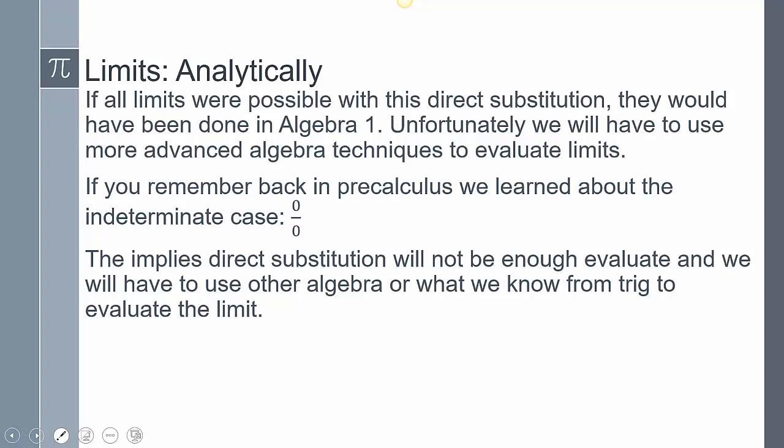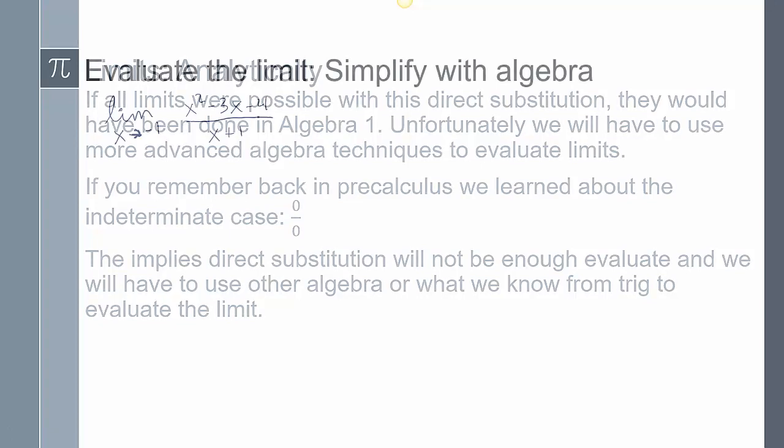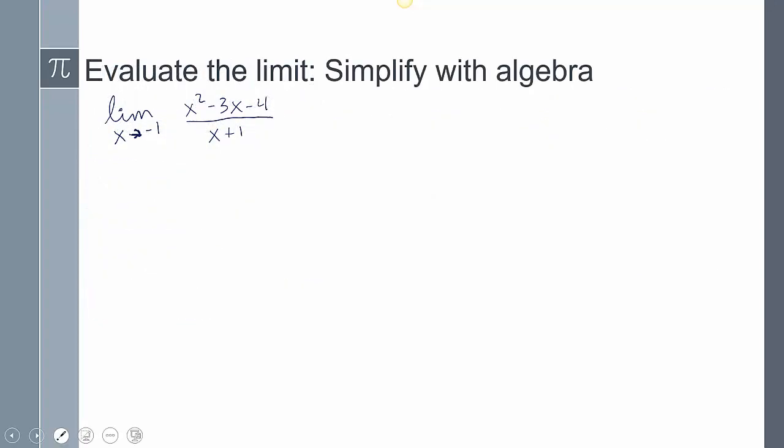If you remember back in pre-calculus, we talked about this indeterminate case, 0 over 0. This has meaning. What it implies is that our direct substitution will not be enough to evaluate, and we will have to use other algebra or what we know from trigonometry to help us evaluate the limit. So now let's look at a few examples of that.